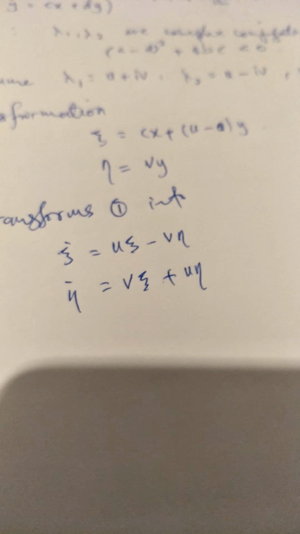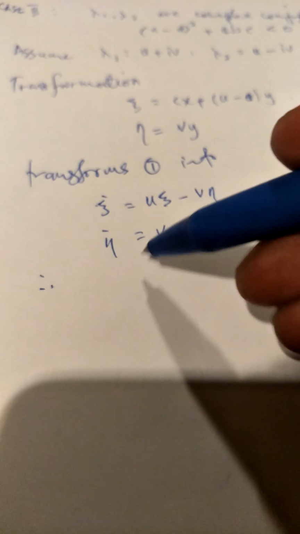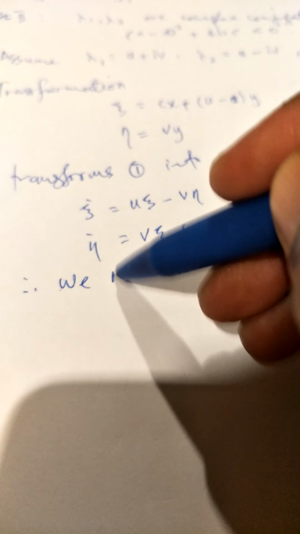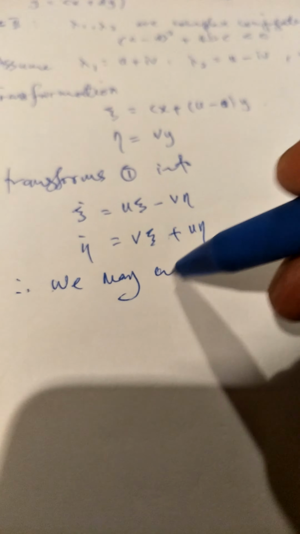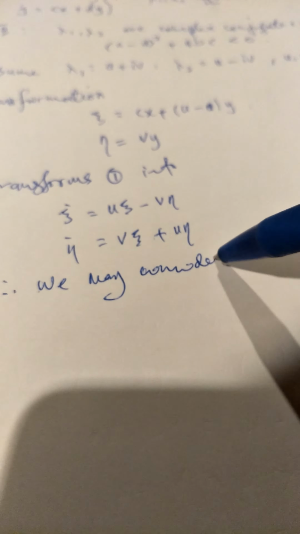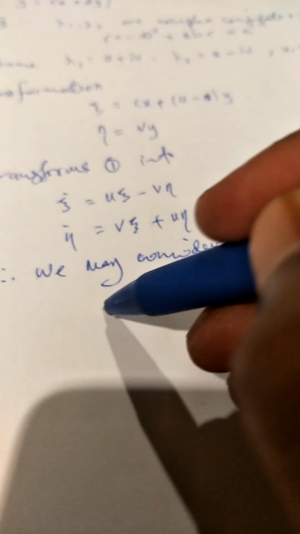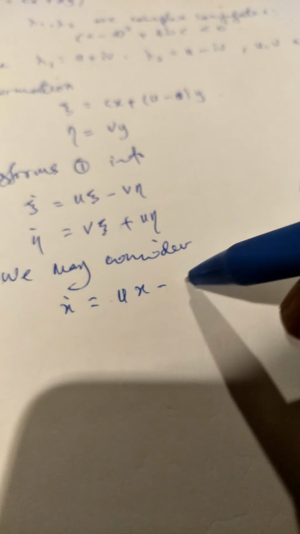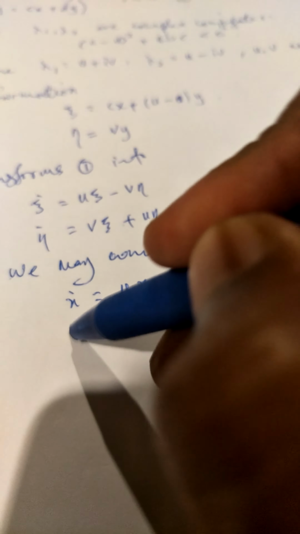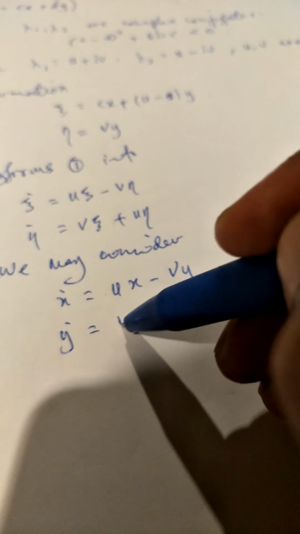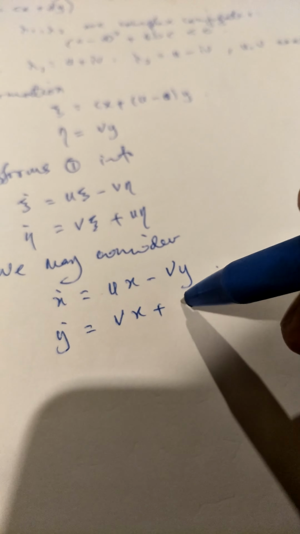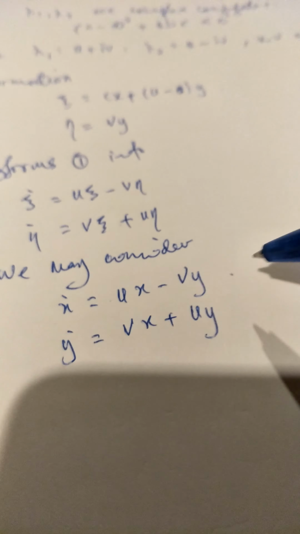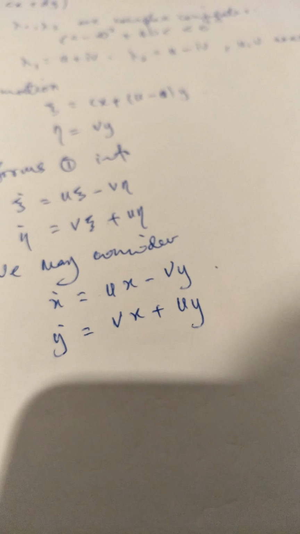Therefore, we may consider the system x dot equal to ux minus vy and y dot equal to vx plus uy, where u and v are real.